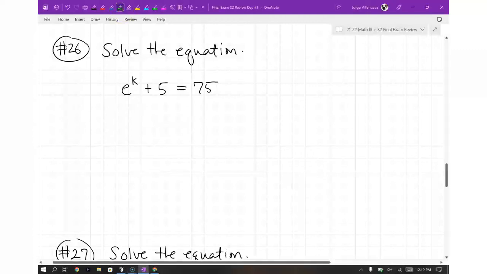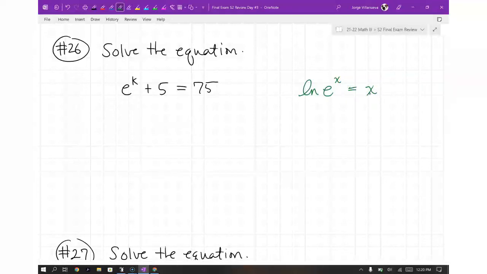You see how this has the power or the variable as a power? That means I got to bring that power down. The way you bring powers down, you can do it two ways. If you have like e to the x, if you introduce a natural log to it, if you put ln, then your answer is just x. Okay?